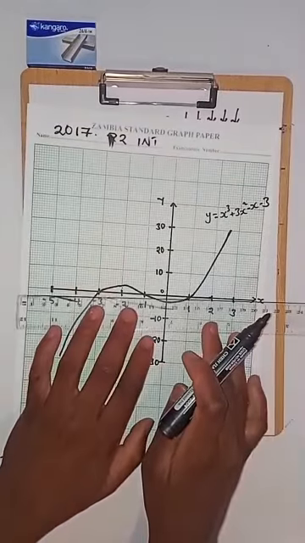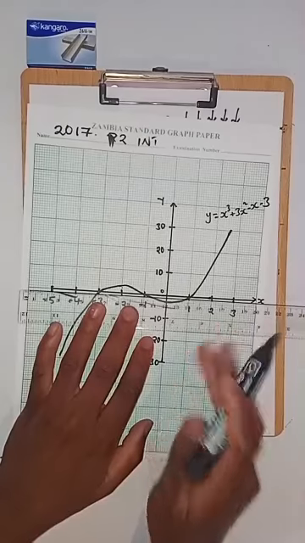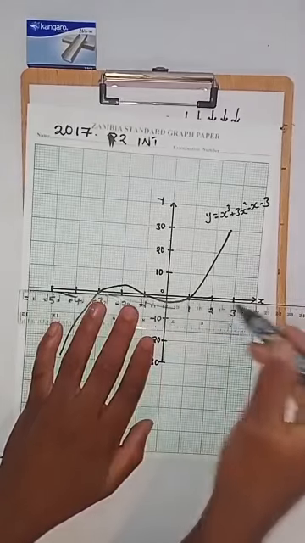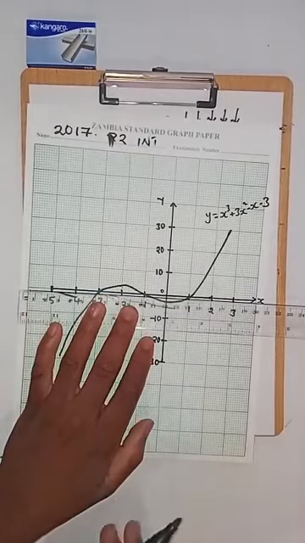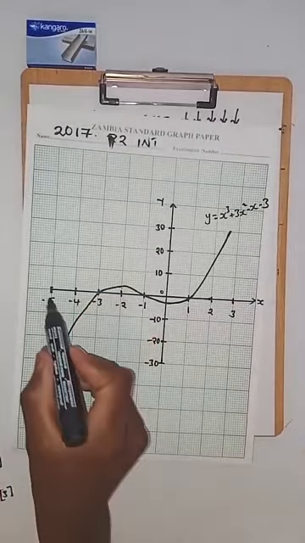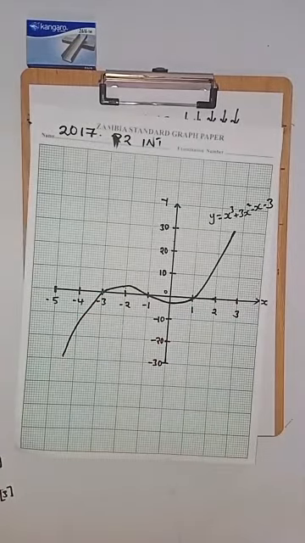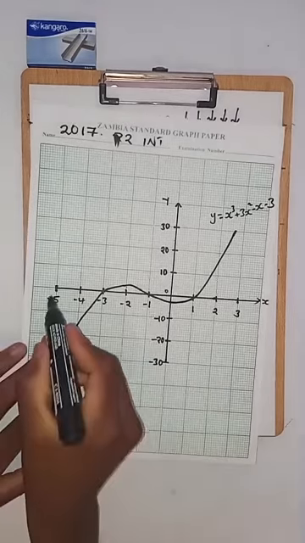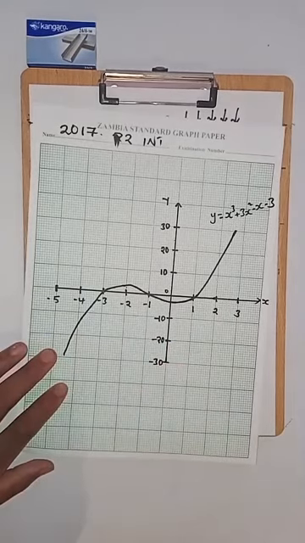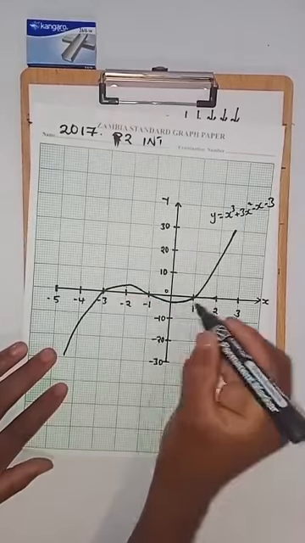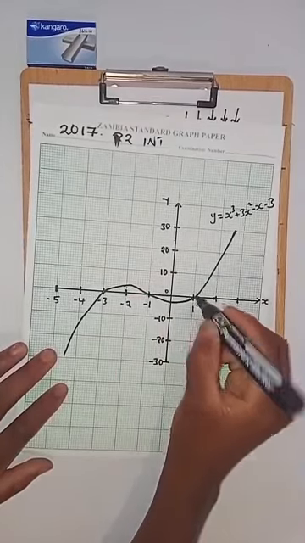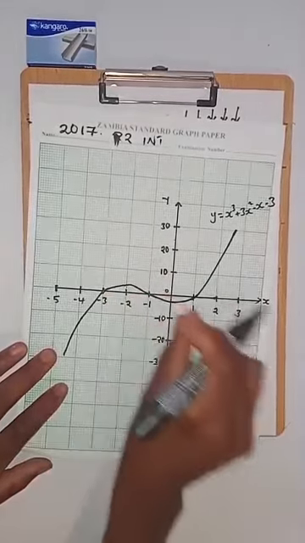We're going to draw a line here. So it means here, when y is equal to 0, that is the x-axis. So now, after having this line, we are going to get the values where this line is cutting the curve. So we have this point here, this point, and that point.